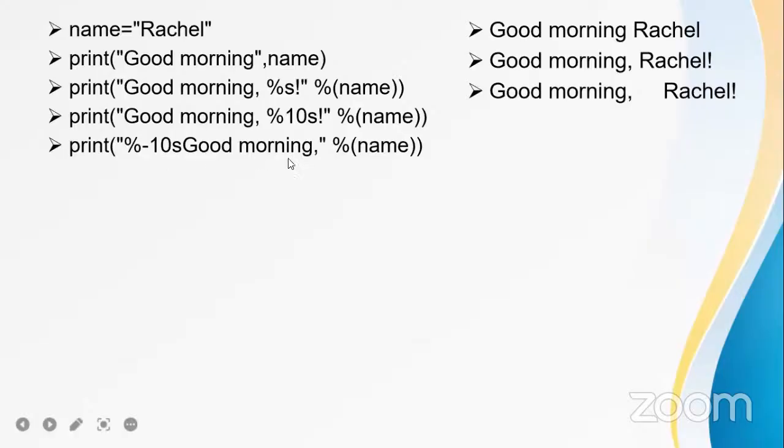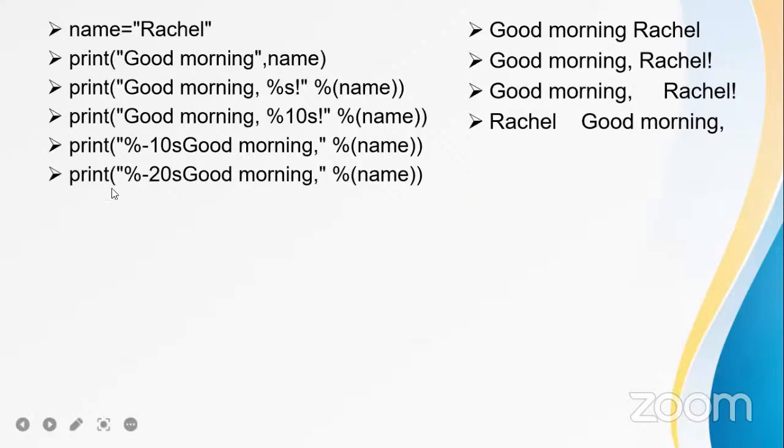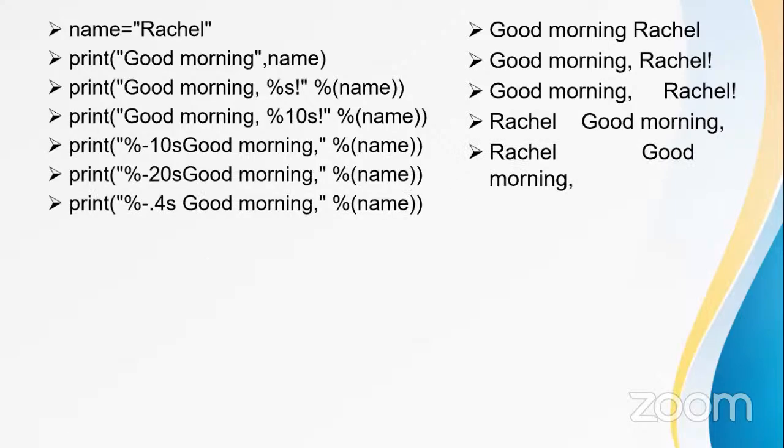Now what will happen? In this place of percent 10 and minus 10, Rachel will come and from there good morning will start. Now the gap will be increased still. Now what will happen when I use minus 4s? Good morning and name.